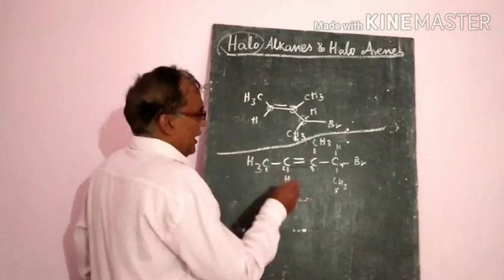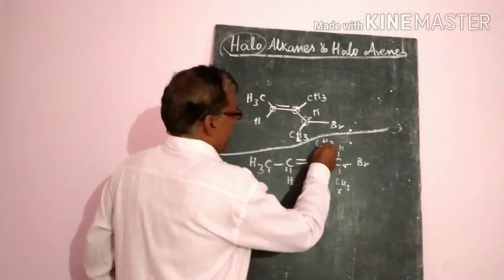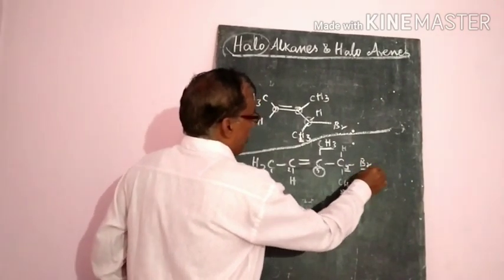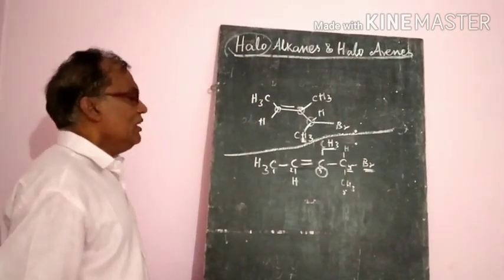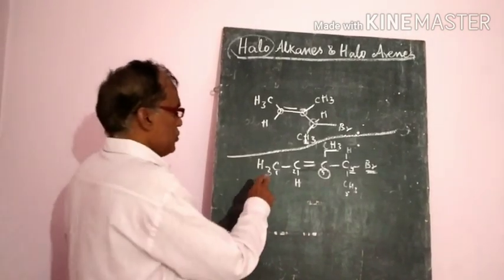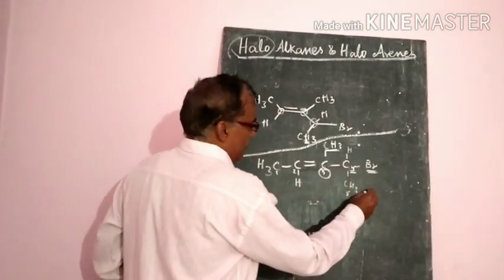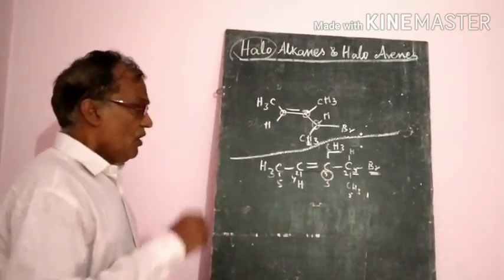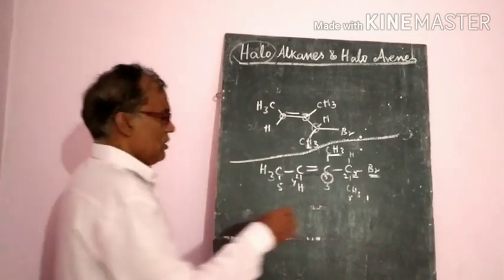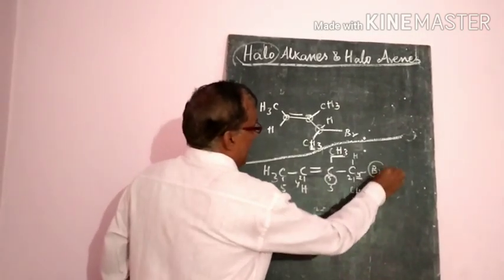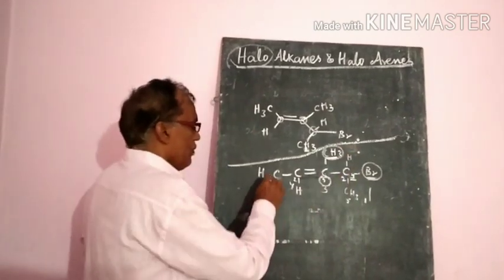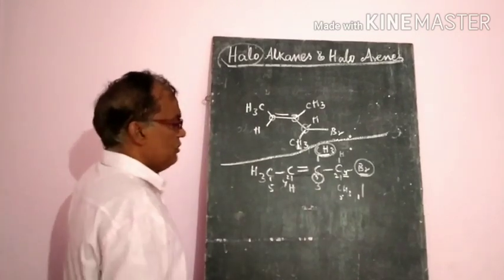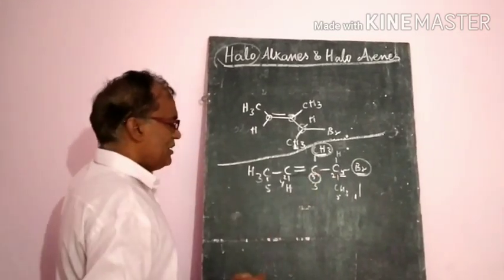At the third carbon atom a methyl group is there, and at the fourth carbon atom bromine is there. You have to number so the substituents get the lowest numbers. If you start from here, 1, 2, 3, 4, 5, or from here, 1, 2, 3, 4, 5, which gives the lowest numbers? If you start from here, the groups are in the shortest form. If you start from the other side, you get 4-bromo, so it is not possible. So 2-bromo, 3-methyl.